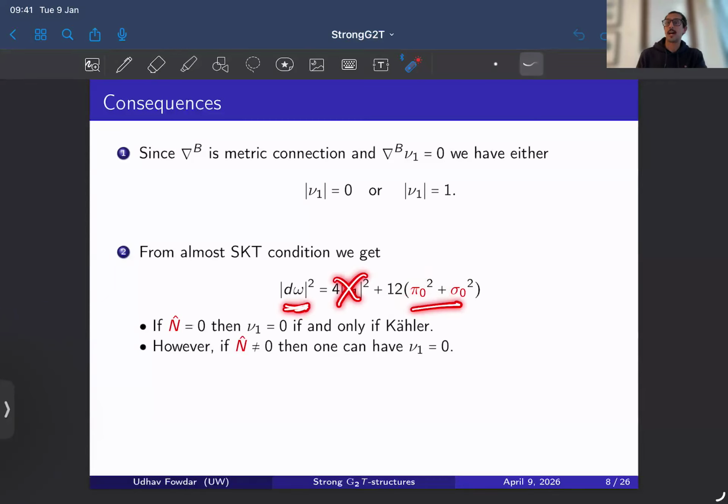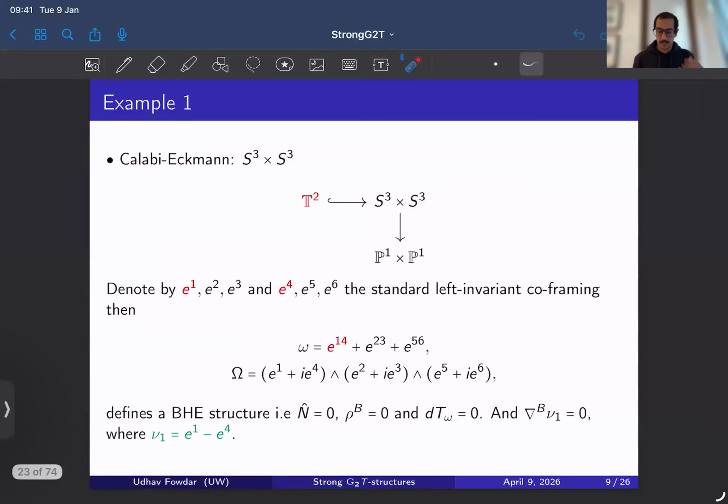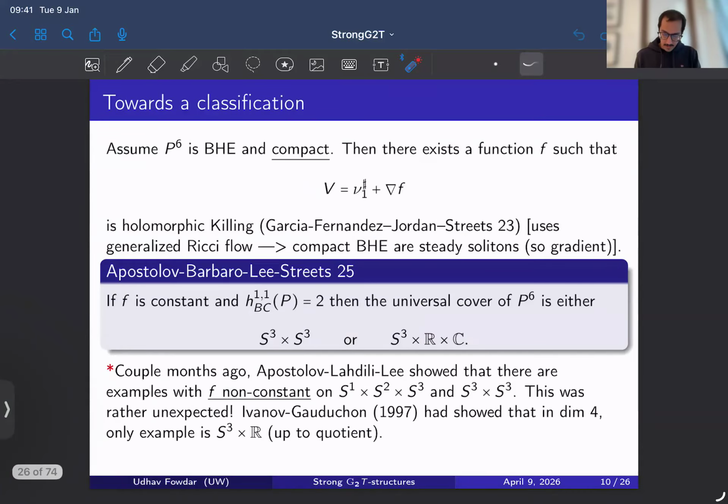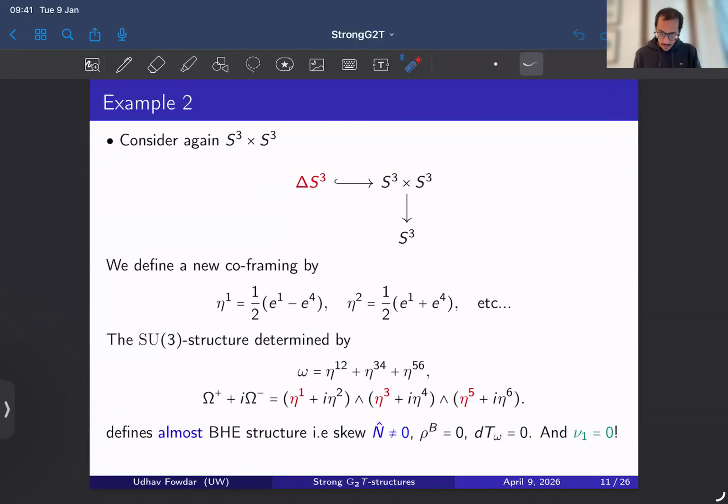And this indeed does happen in actual examples. So this shows you that if you wanted to just do a dimensional reduction, this is not obviously going to work out directly, at least in the almost Hermitian case. That's how I think about this.